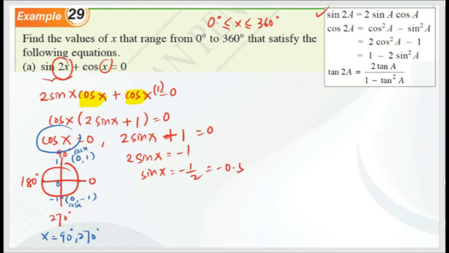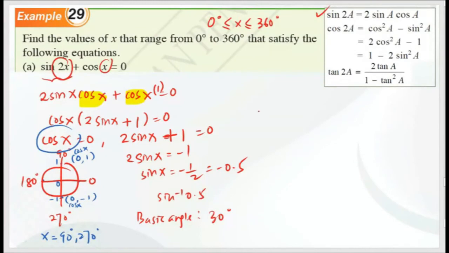You have to use shift sine 0.5 to find the basic angle. So the basic angle will be 30 degree, right? The basic angle is 30 degrees.